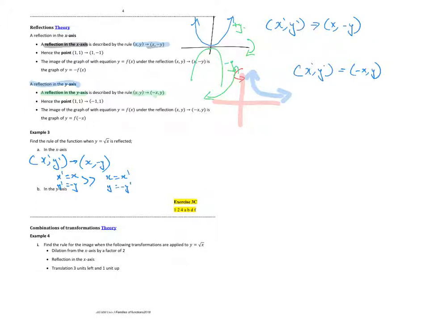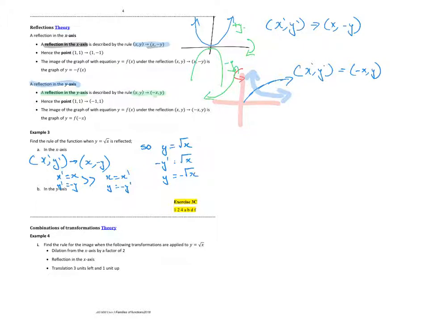Once I've done that, I can put that into whatever rule I'm interested in, so if y is equal to root x, my transformed graph y dashed is equal to the square root of x, so y is equal to negative root x.